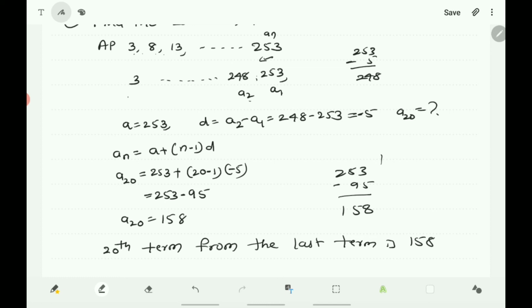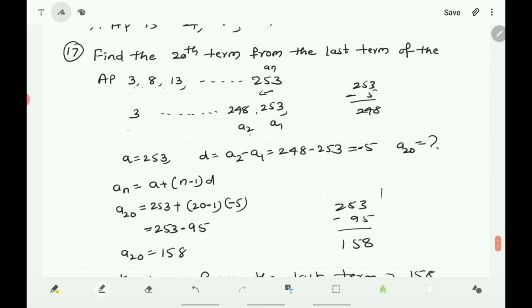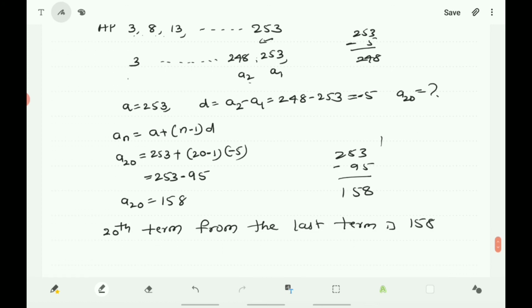Here it is not from the first term, it is from the last term. That is, the 20th term from the last term is 158.